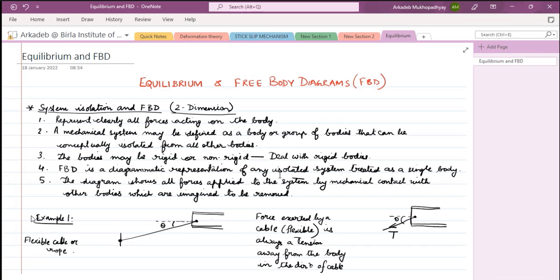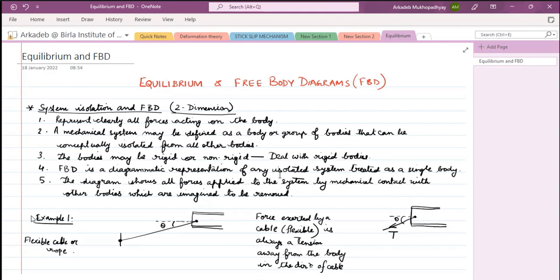And free body diagram is diagrammatic representation of any isolated system treated as a single body. The diagram shows all forces applied to the system by mechanical contact with other bodies which are imagined to be removed. We just isolate it from other bodies.